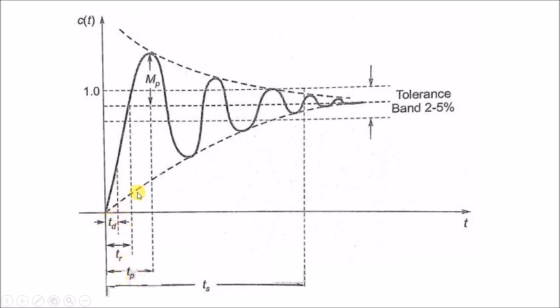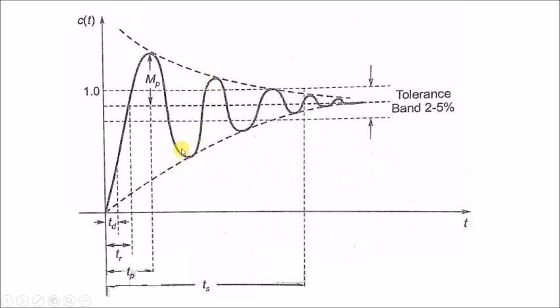Similarly, peak time means the time to reach its first peak. If they ask, what is the second peak? Can you say what the second peak is? These are the peaks, and this is also a peak, this is also a peak. So this is the first peak, obviously. Where is the second peak? Whether this or this? Second peak, obviously this.